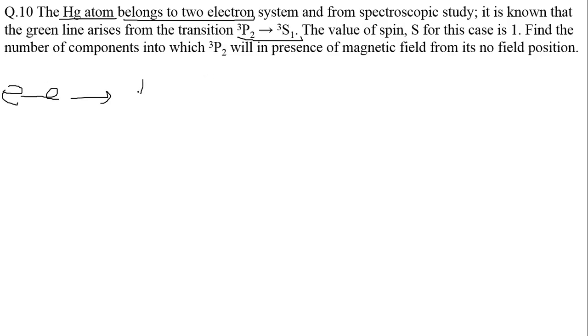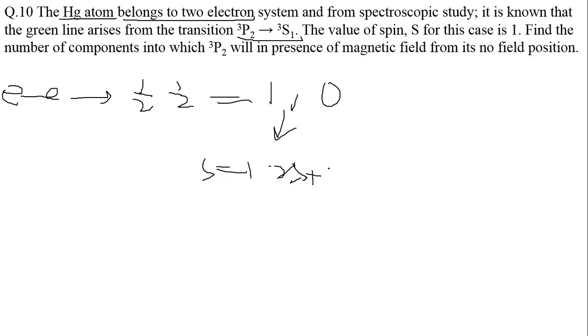If we consider S equal to half for both, then the resultant S will be either 1 or 0. As you can see, for S equal to 1, 2S plus 1 is 3. So these 3 correspond to 3p2 and 3s1. These 3 correspond to 2S plus 1. So for both the cases, the value of spin is 1.